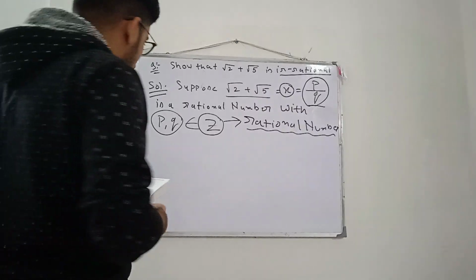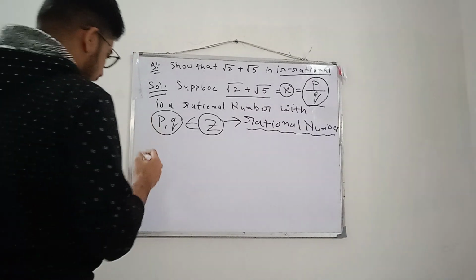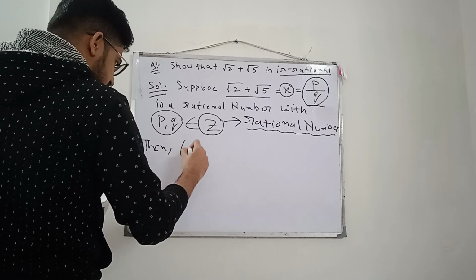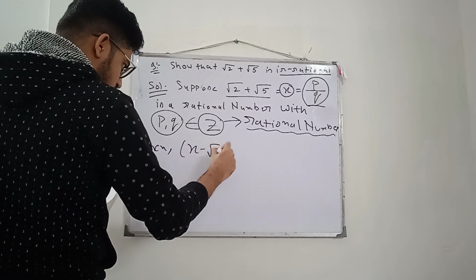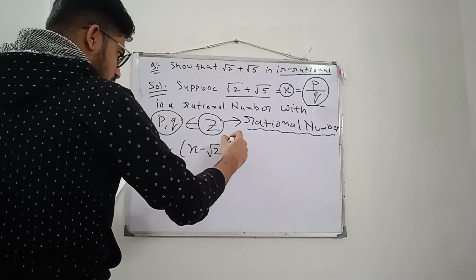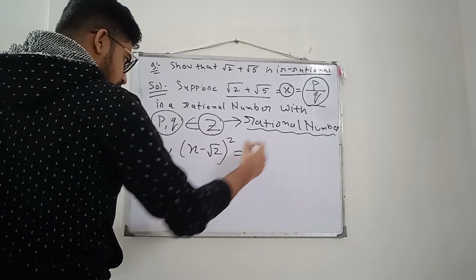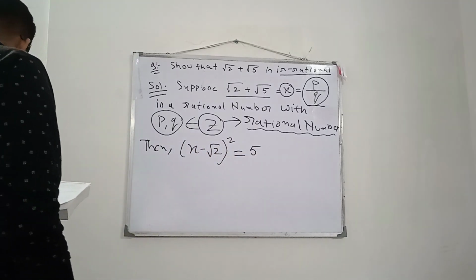So suppose then x minus root 2 whole square is equal to 5.